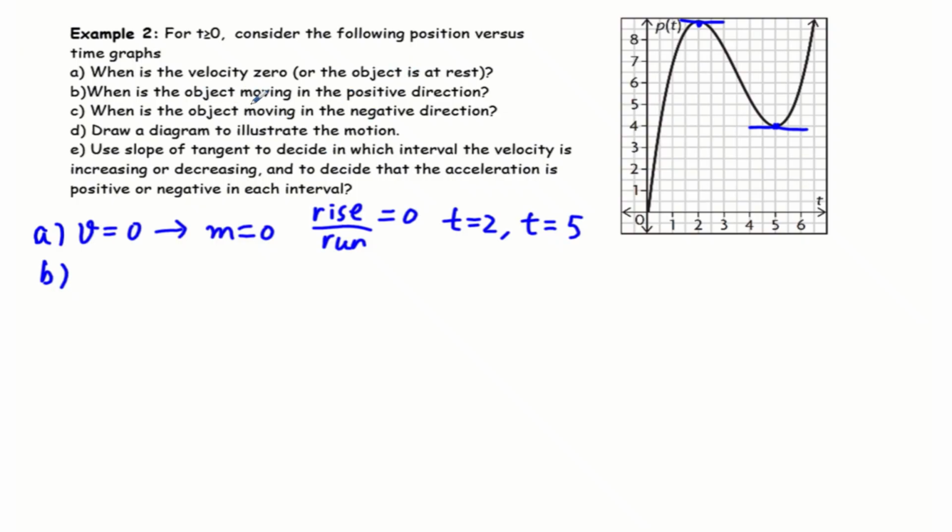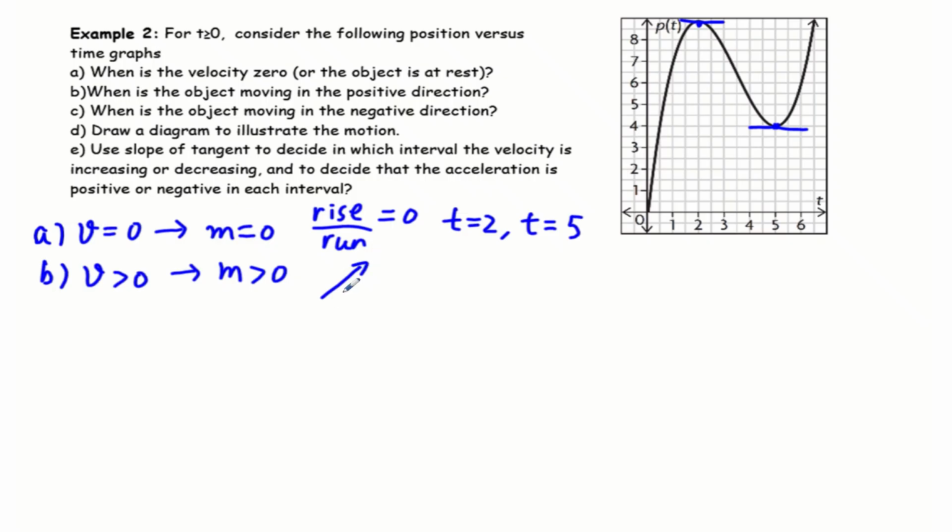So when is an object moving in the positive direction? Moving in the positive direction means the velocity is greater than 0. From the graph, it means the slope is greater than 0. How to determine that is from left to right, it is going up.